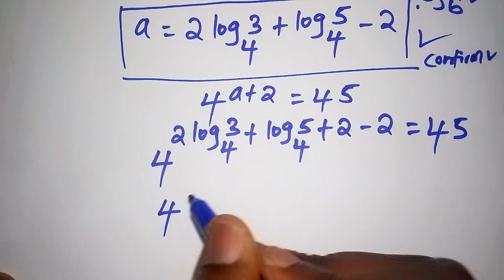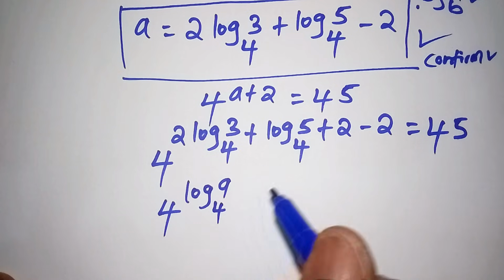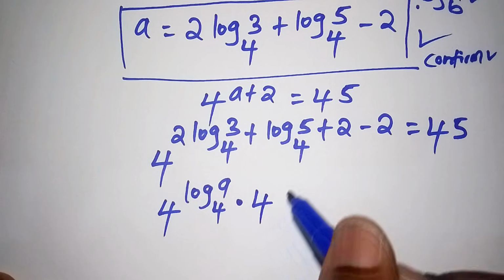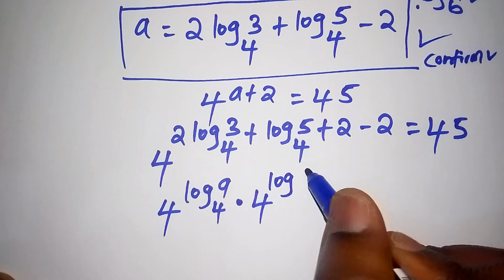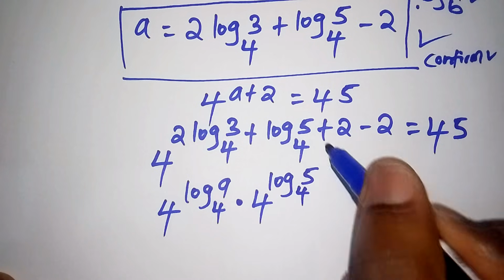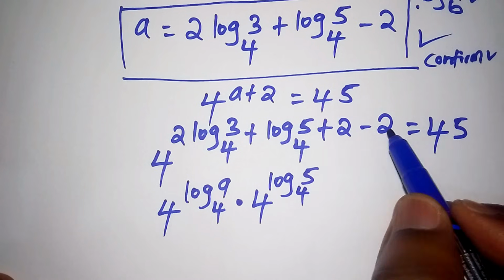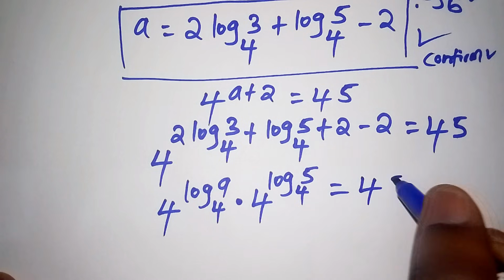So we shall now have 4 to the power of log 9 to the base of 4, then the plus means multiplication, 4 to the power of the log of 5 to the base of 4. Here we shall have nothing because 2 minus 2 is 0, then this is equal to 45.